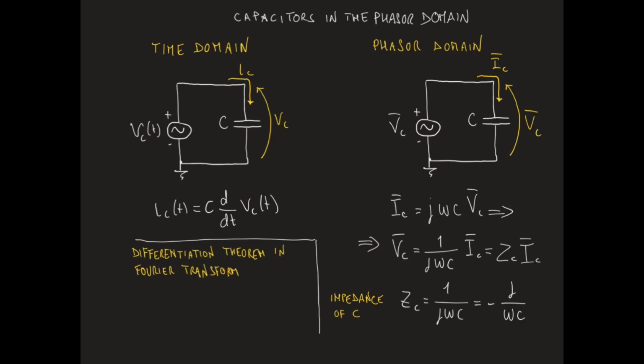Actually, the differentiation theorem for the Fourier transform says that if G of omega is the Fourier transform of g of t, then the Fourier transform of the time derivative of g of t is equal to j omega times G of omega.